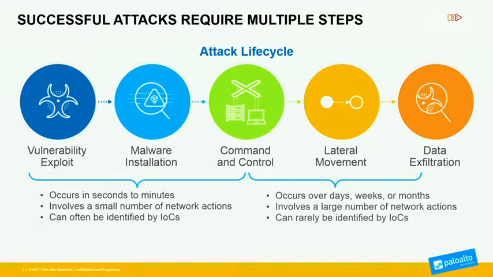It happens in minutes or seconds. It's very fast to do an exploit and install malware if it's successful, and then just do a CNC callback to the internet. It usually requires very few actions on the network, and in most cases these can be detected and prevented when known by some sort of IOCs, meaning indicators of compromise.